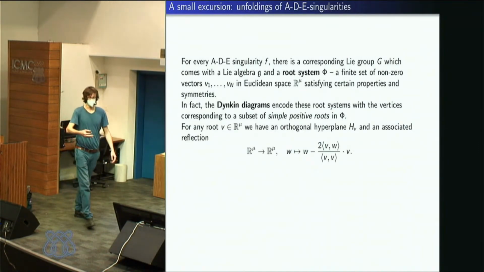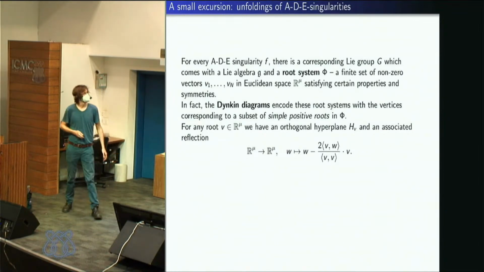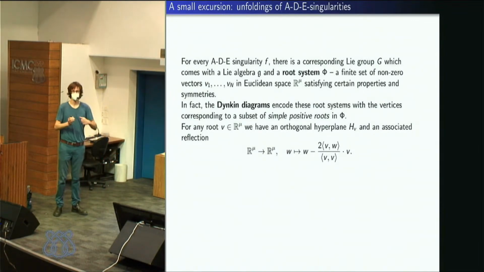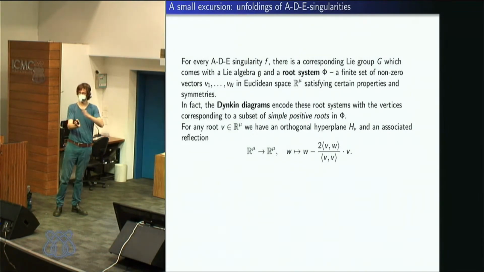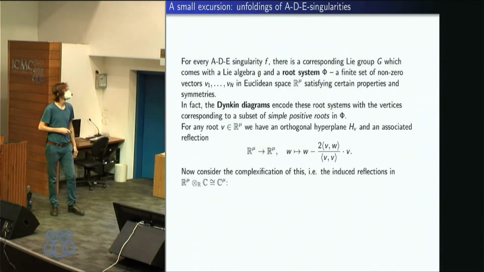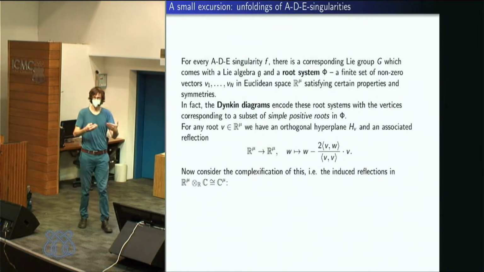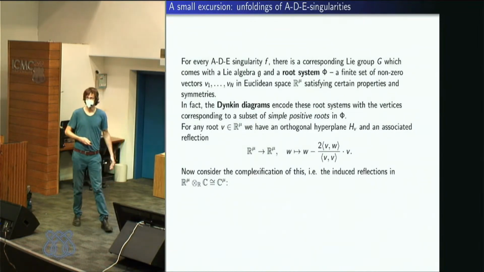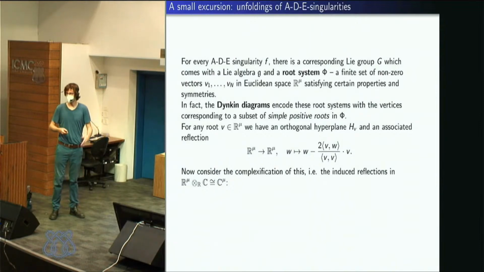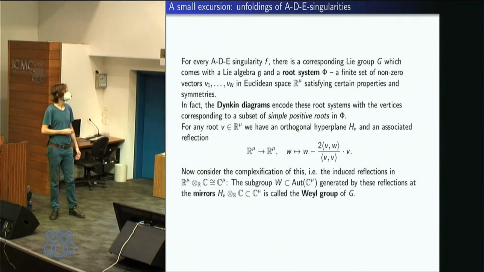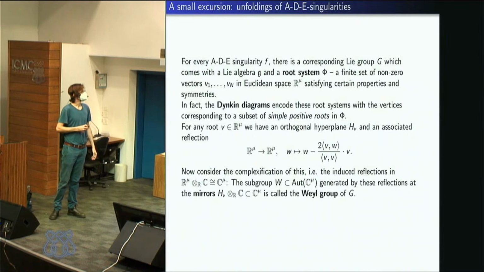So for any root, you have a reflection, and I will show you this in a minute, right? You have an orthogonal hyperplane, and you can reflect on this mirror. You can mirror the whole real space. And then you can complexify this, which has the advantage that the algebra will be simpler. And you can consider the subgroup which is generated by all these reflections.